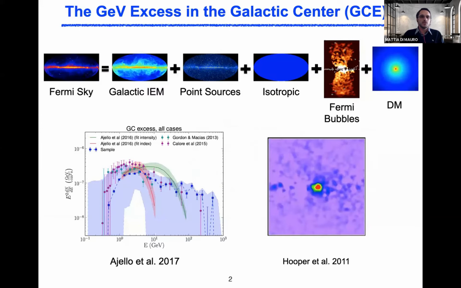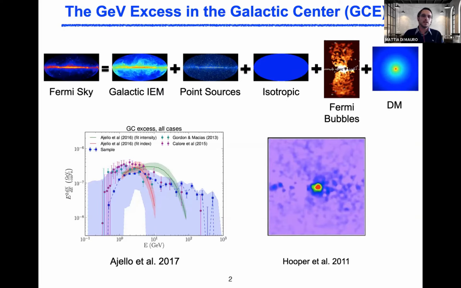As many of you know, there are many groups that have found an excess of gamma rays looking at the data of Fermi in the direction of the galactic center. In particular, they found an excess by modeling the data with a galactic interstellar emission model, point and extended sources, an isotropic template, and the Fermi bubble emission.